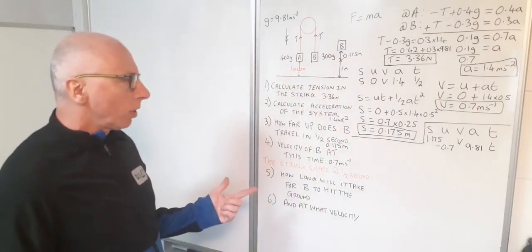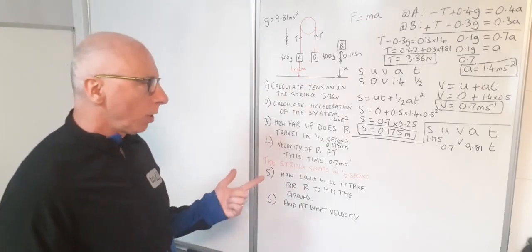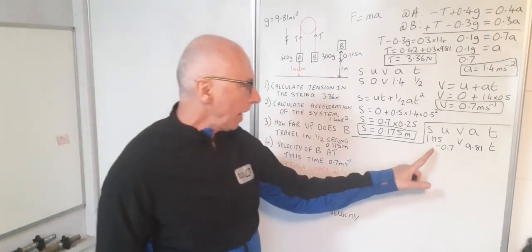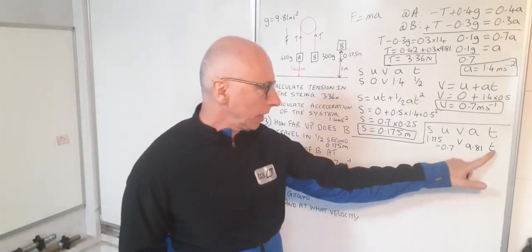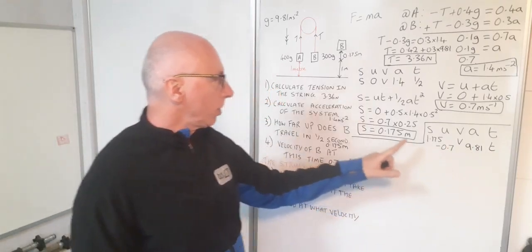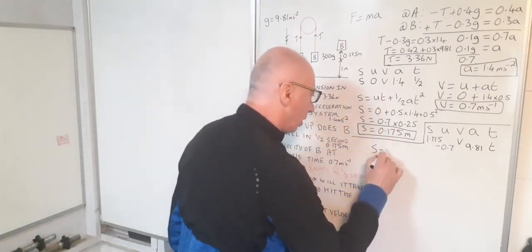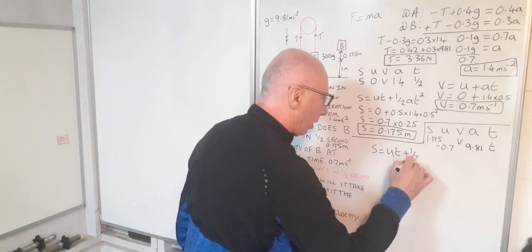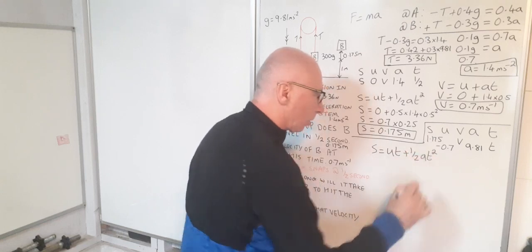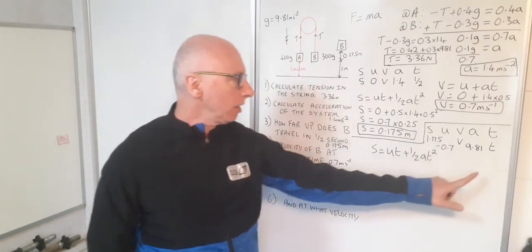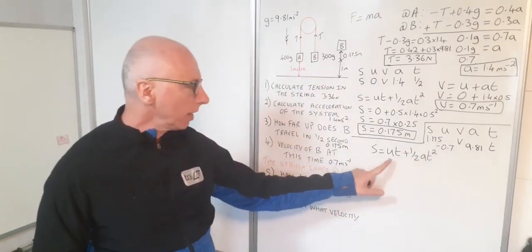So now we need to work out which one would be better to find first. As we've got S, U and A and we need to find T, we could use the same equation that we used here, S equals UT plus 1/2 AT squared. Now we need to find T, so we're going to end up with some sort of quadratic here.